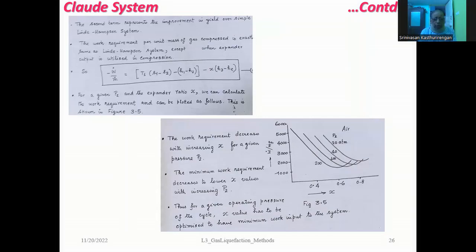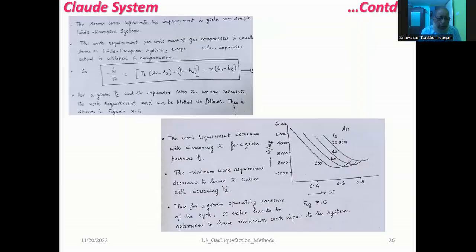And similarly, you can also calculate the work requirement. The work requirement per unit mass of gas compressed is exactly the same as that of the Linde-Hampson system, except that if you use the expansion work that is produced for compressing another gas, then that expansion work has to be taken into account.